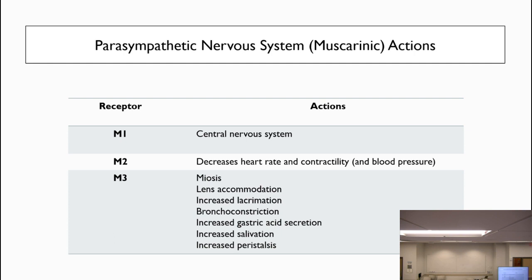So, what are the actions of the activation of these muscarinic receptors? Of course, if we block M1 receptors, that's not going to be very good. That's why when people have, for example, any cognitive disorder, Alzheimer's, or any degenerative disease, we have to try to avoid certain anticholinergic medication and certain antihistamines that cross the blood-brain barrier.